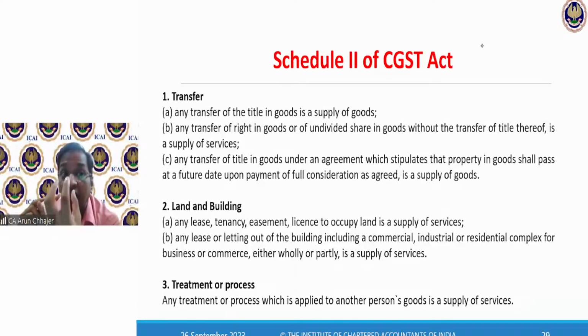It only gives the nomenclature; it gives only the coloring to the transaction. Can Schedule 2 decide supply? Answer is a big no. Schedule 2 is only deciding whether my transaction is a supply of goods or supply of service. That's it.